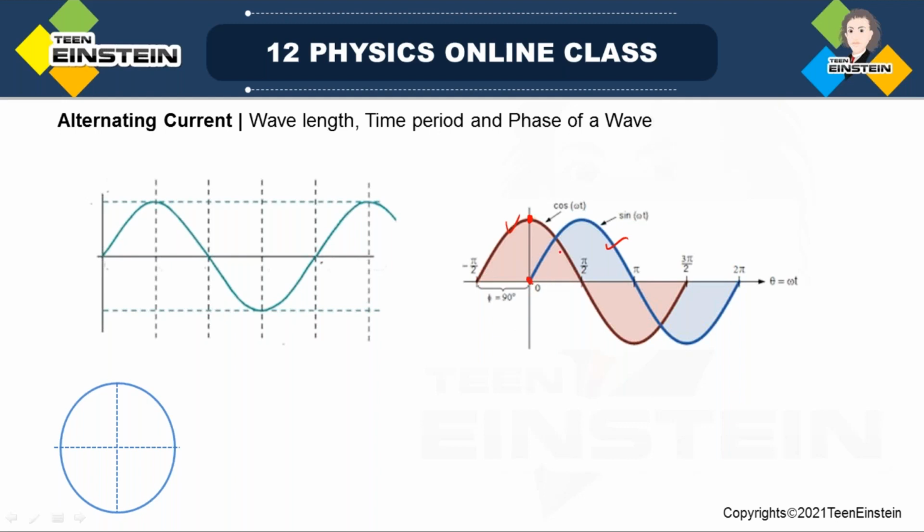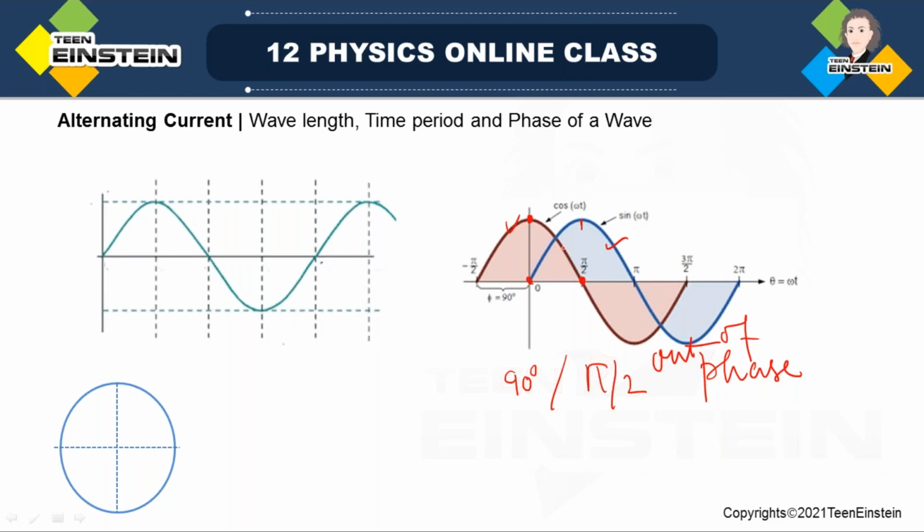Or if I start from here, when you have 0 for the cosine wave, you have 90 for the sine wave. So these two are 90 degree or pi by 2 out of phase.